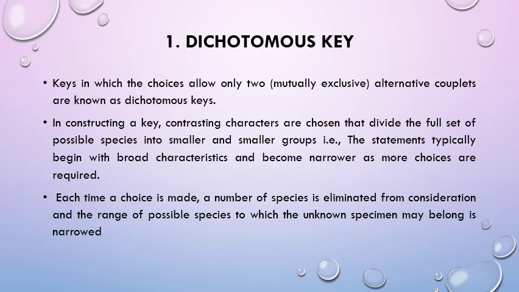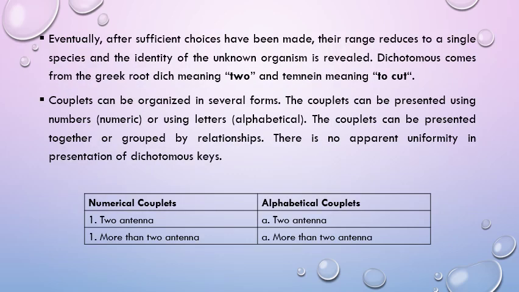So in this way, by eliminating statements one by one, the range of possible choices becomes narrow. Obviously at each step the choices will become fewer, because you are opting for one and eliminating the other. Eventually, after sufficient choices have been made, the range reduces to a single species, and the identity of the unknown organism is revealed.